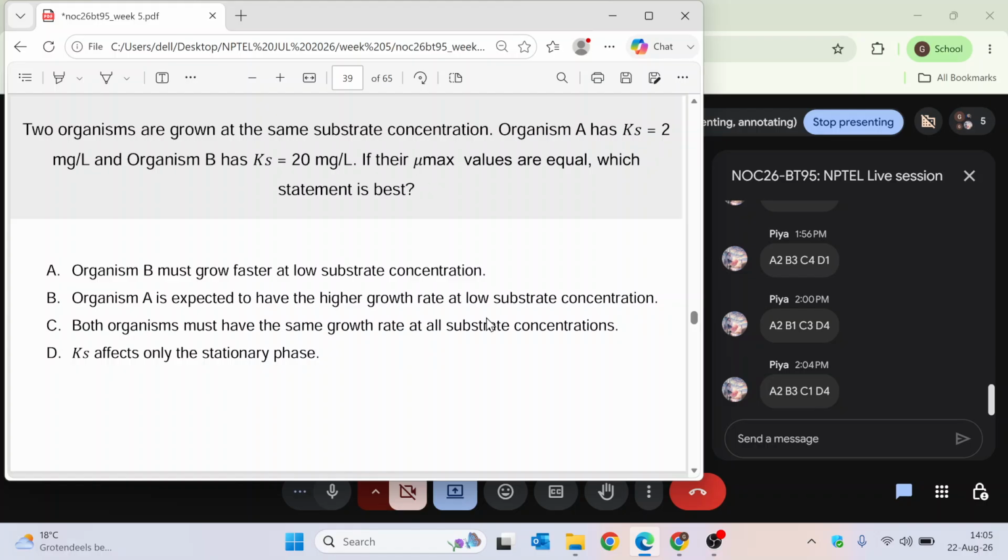So they say that two organisms are grown with the same substrate concentration, where organism A has the Ks of 2 milligram per liter and B has 20 milligram per liter. Out of these two, which one will work best? And they also say that the mu max is equal.